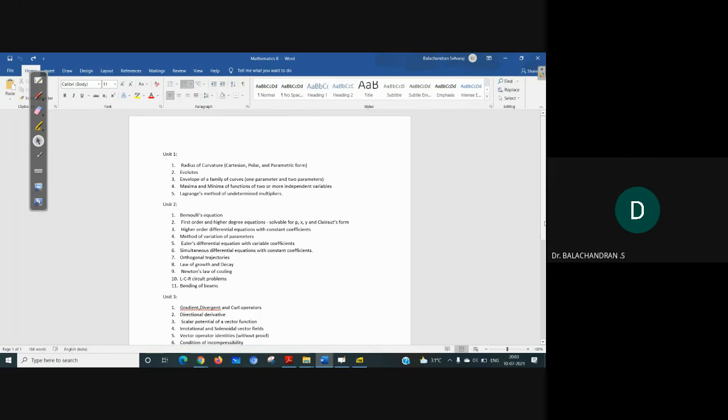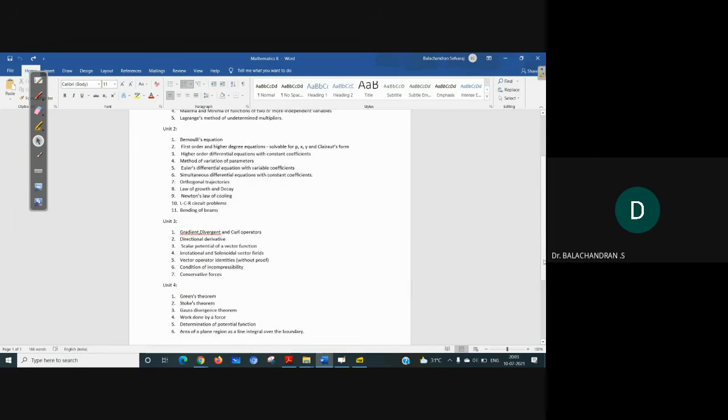The third unit is a little bit small. But you should study conservative forces, condition of incompressibility, and finding the scalar potential function phi.